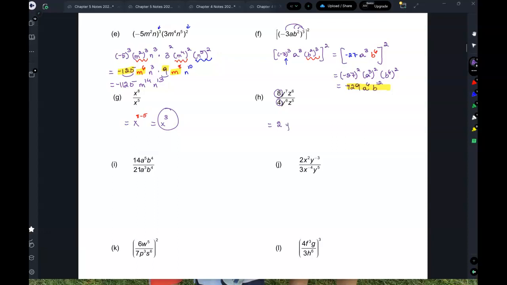Now, the y's, I have 7 minus 6. That'll be a 1, which you don't have to write. The z's, I have a 6 minus a 5. That's also a 1. Remember, you always have to do top minus bottom, not necessarily big minus small. So this will be 2yz.